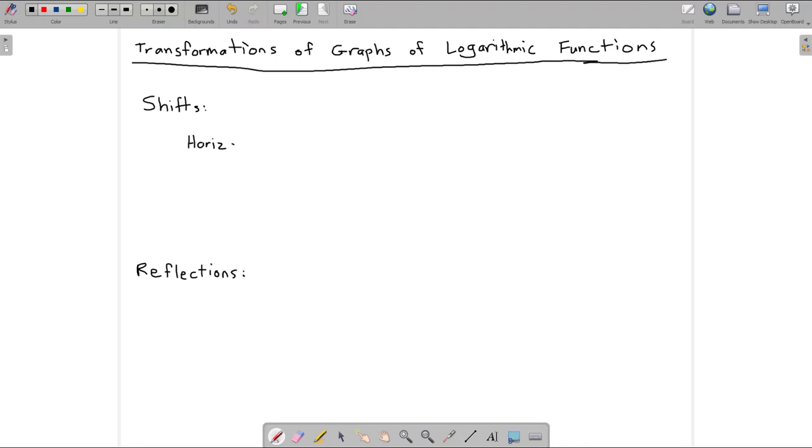Just like with exponential functions, we can shift horizontally by taking our graph log base a, but instead of just x, we'll have x minus c. That shifts c units, either right or left, depending on the sign of c. If it's positive, it'll shift to the right.